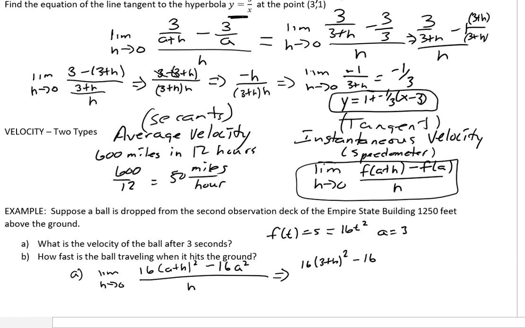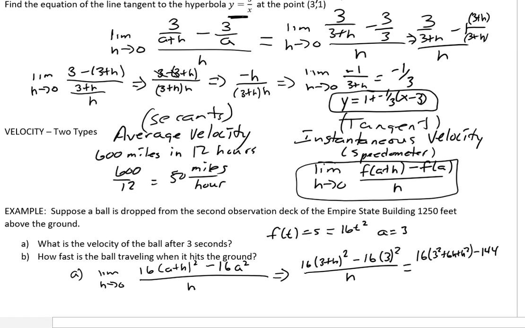FOIL this out and multiply this out. This would be 16 times 3 squared plus 6h plus h squared, minus 16 times 9, and 16 times 9 is 144, all over h.